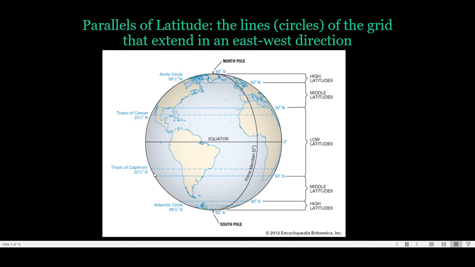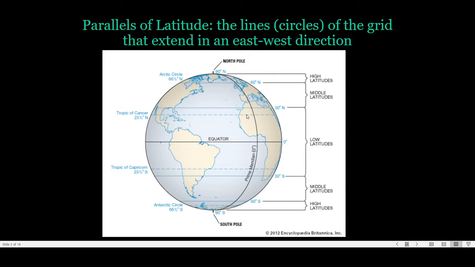We have the Tropic of Capricorn, 23.5 degrees south, represented by this dashed line, and the Antarctic Circle at 66.5 degrees south, represented by this dashed line as well. All these latitudes are circles, so they extend around the Earth and are parallel to each other, with the exception that the North Pole and the South Pole are considered points, not circles.